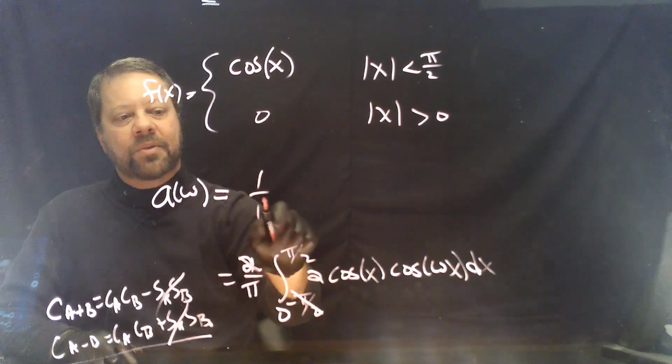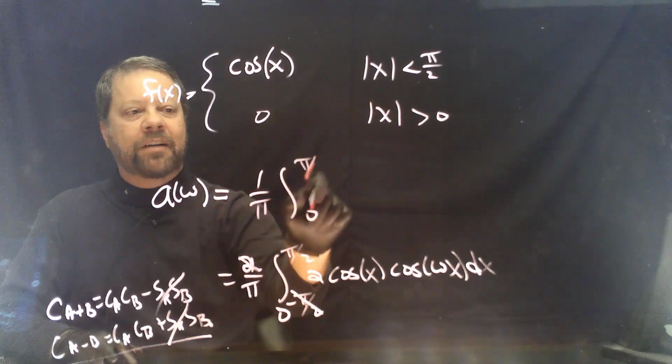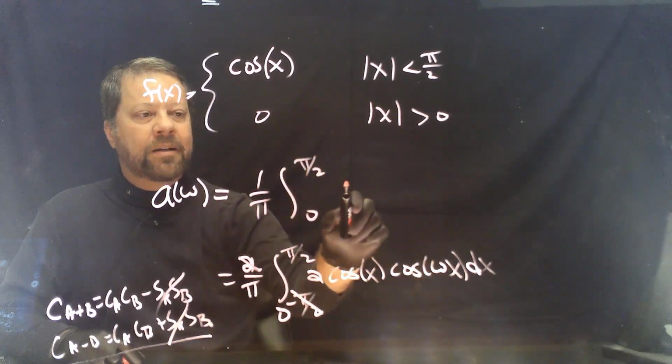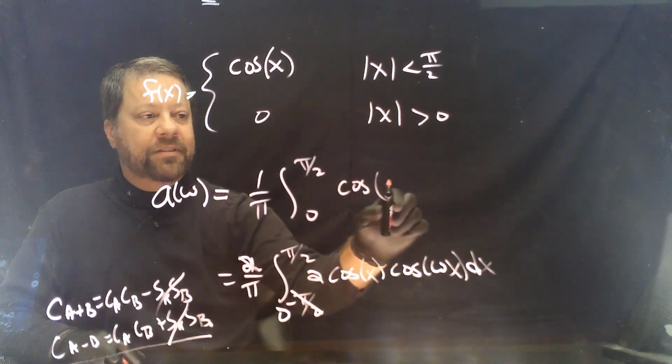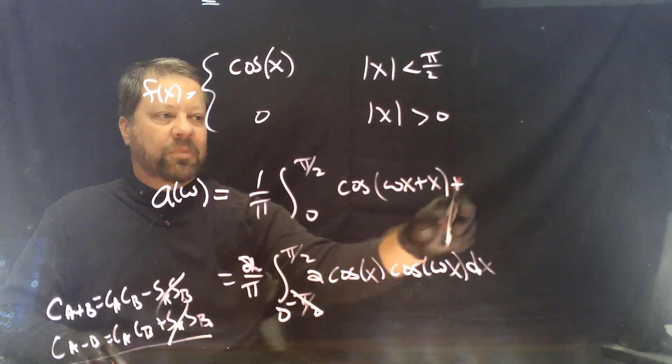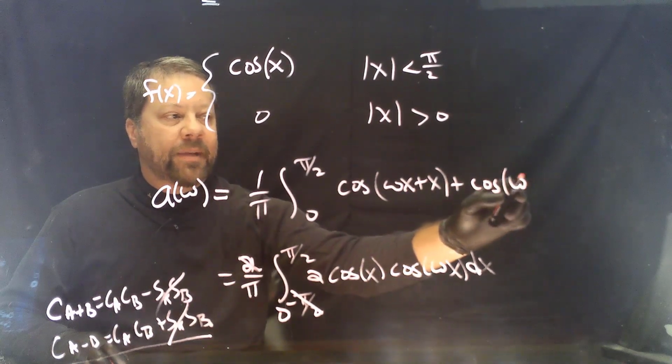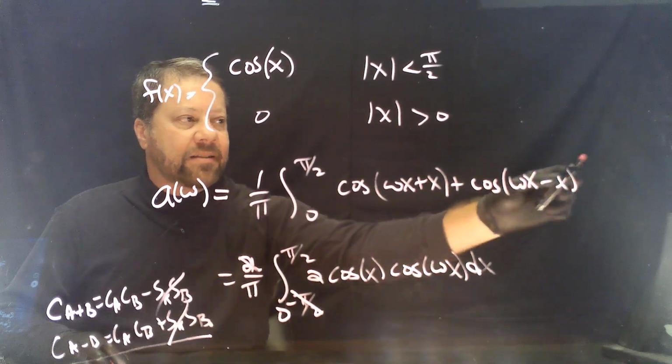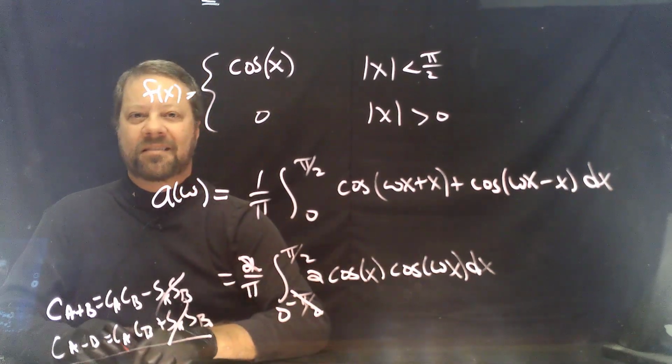And so this gives us 1 over pi, the integral from 0 to pi over 2. It's going to be the cosine of omega x plus the cosine of omega x minus x dx.